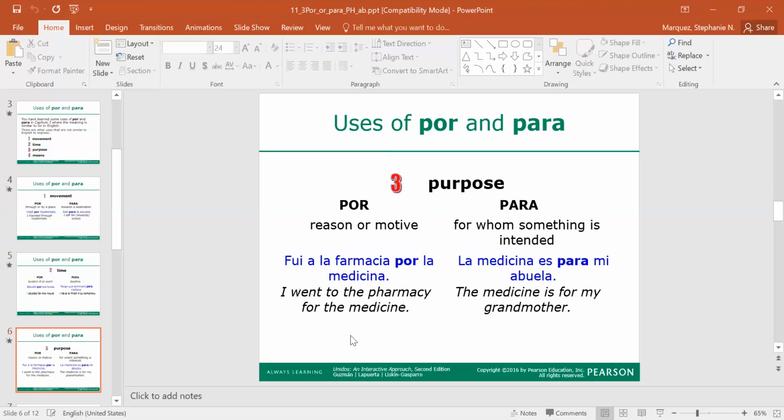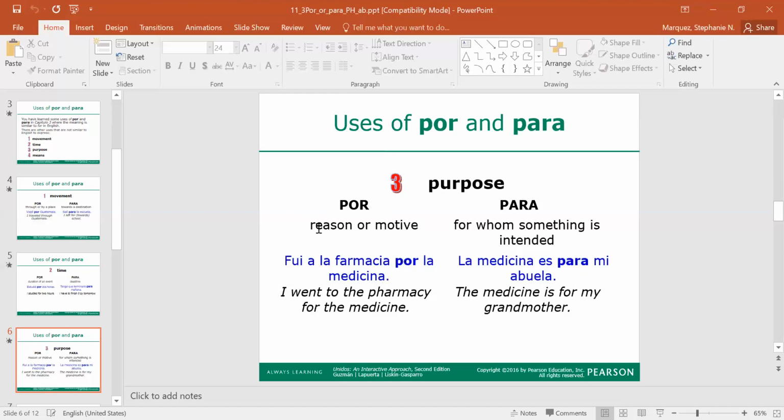Then we see this for purpose. This one is not extremely, I mean, it's common, but it's not one of the more important ones. It says reason or motive. That can be confusing for some students. So we'll just look at the example sentence here for por. It says, fui a la farmacia por la medicina.